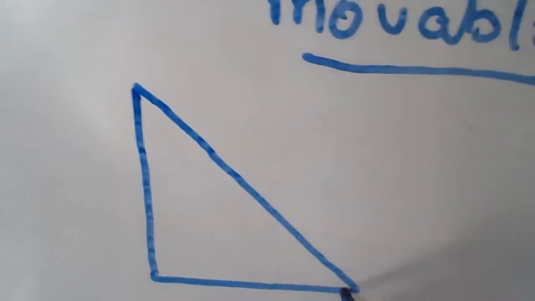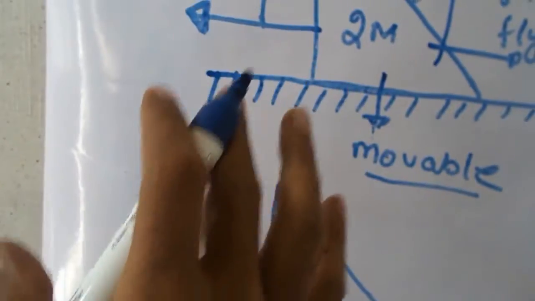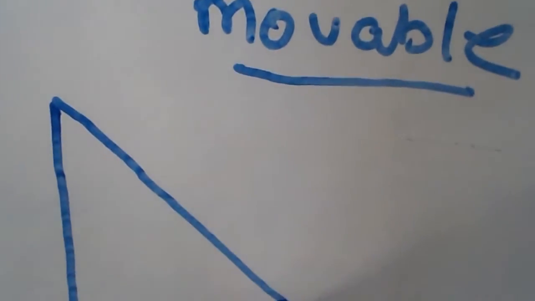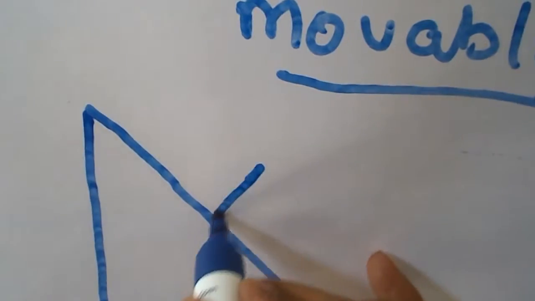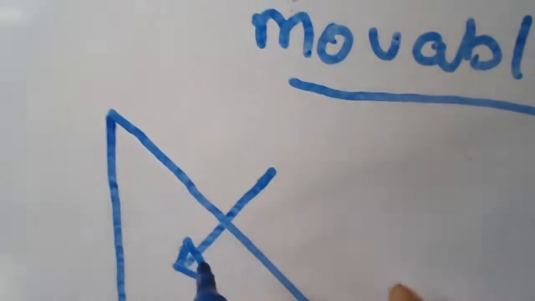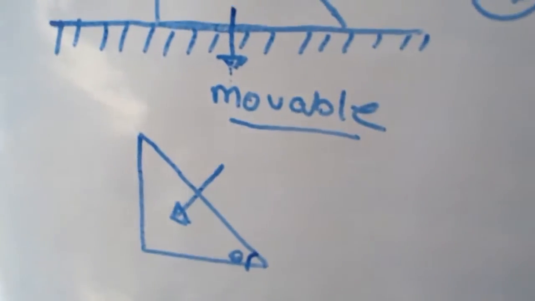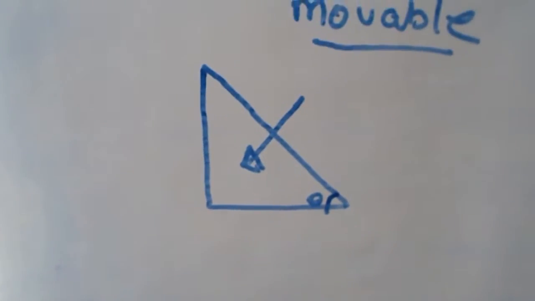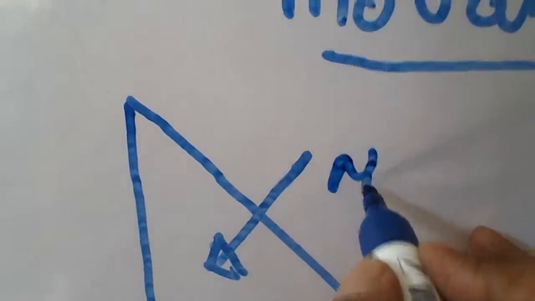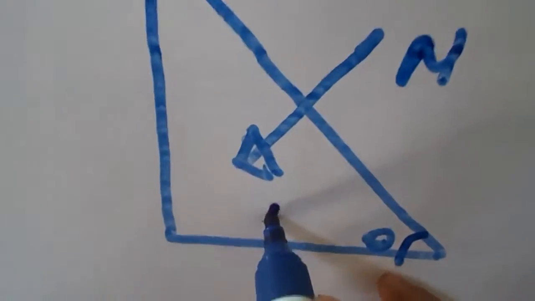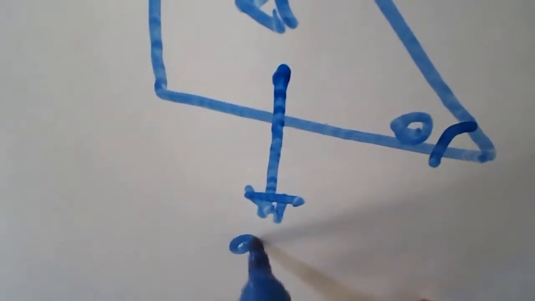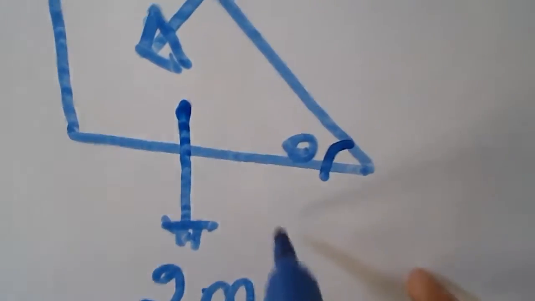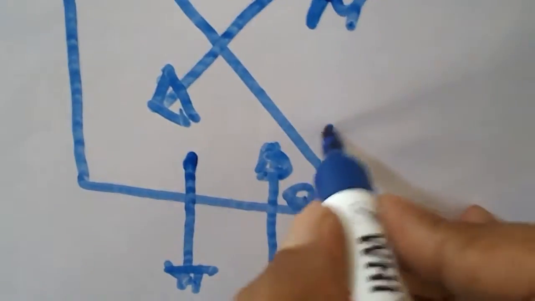This angle is theta, and here there is a normal reaction, and this is on the ground. Here this is 2mg, since 2m is the mass, and here this is the normal reaction by the ground.